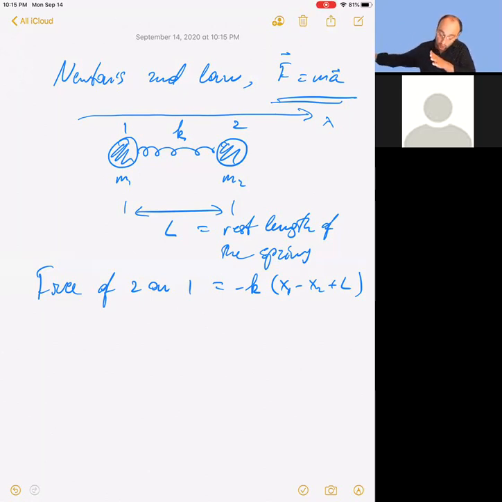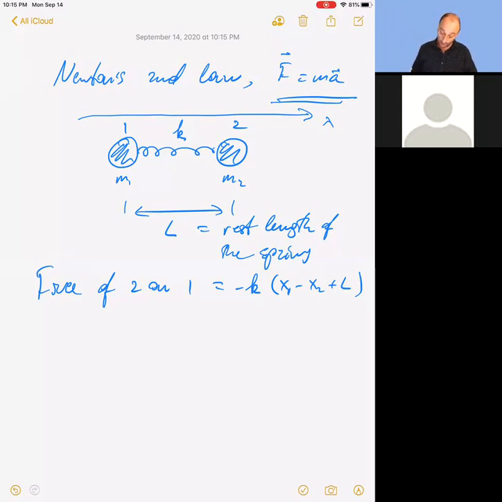If x2 minus x1 is bigger than L, then x1 minus x2 is more negative than minus L. Then you get a negative quantity in the parentheses times negative. You get a positive, right? And 2 tries to pull 1 to the right.